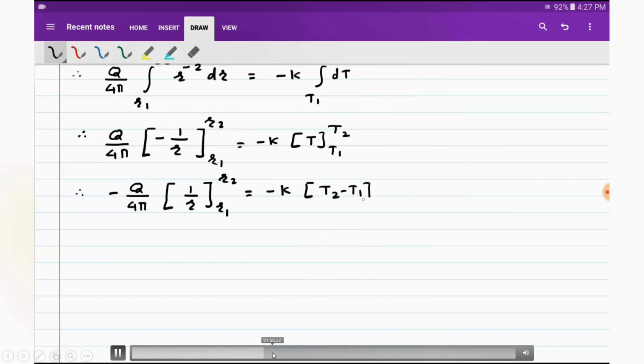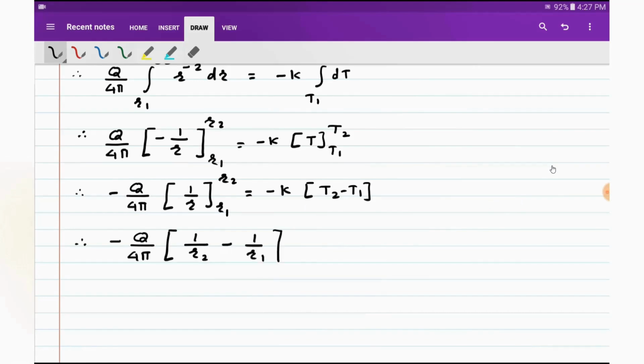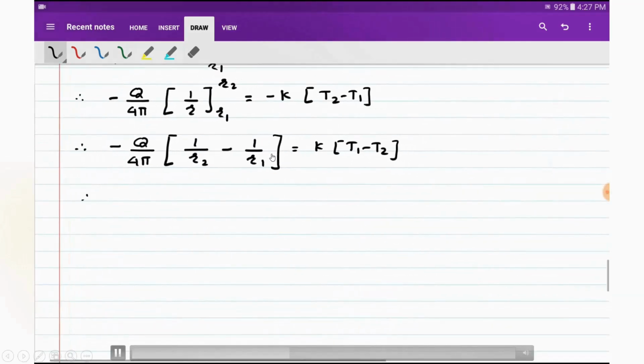Now substitute the upper limit. So it is 1 upon r2 minus 1 upon r1. Take minus sign inside. So K into T1 minus T2 as it is. Now cross multiply by this r1 into 1 minus r2 into 1 divided by r2 r1.